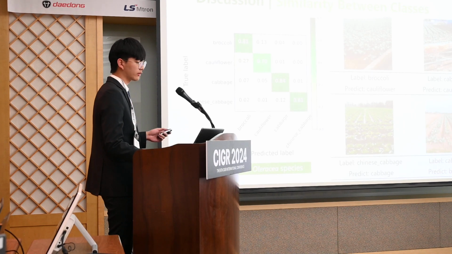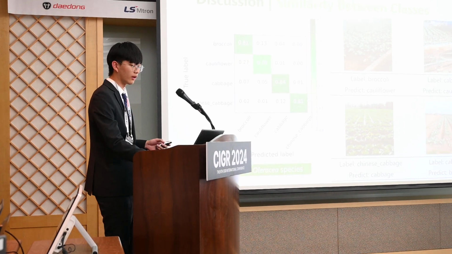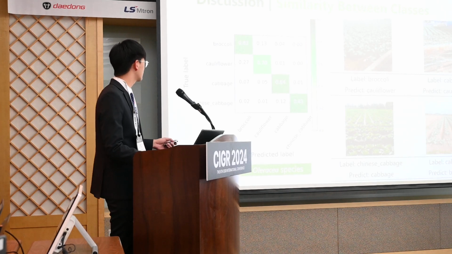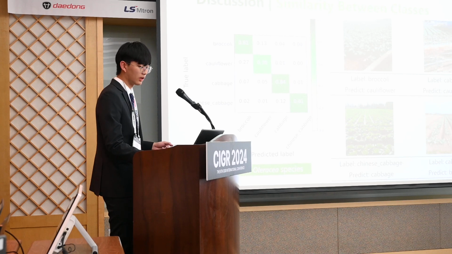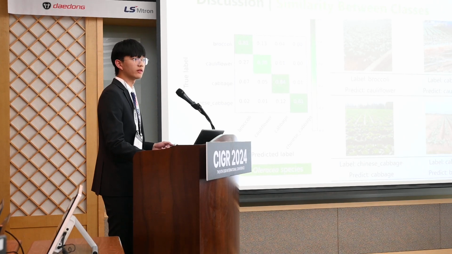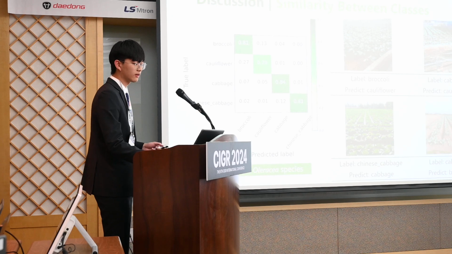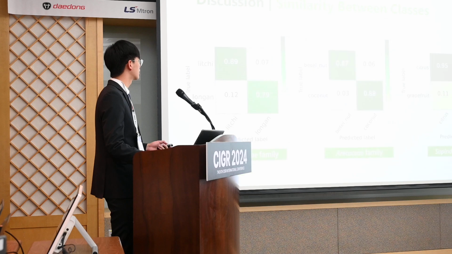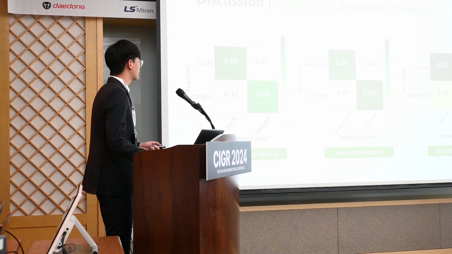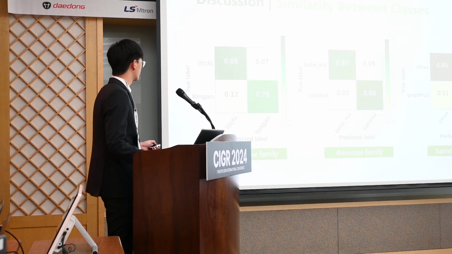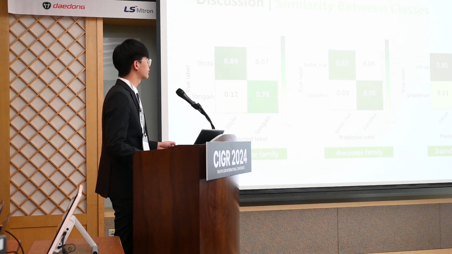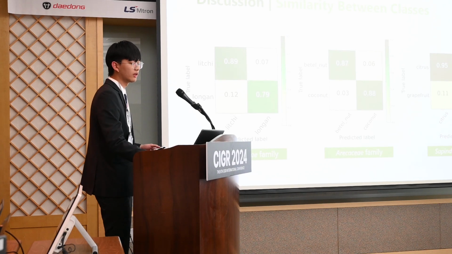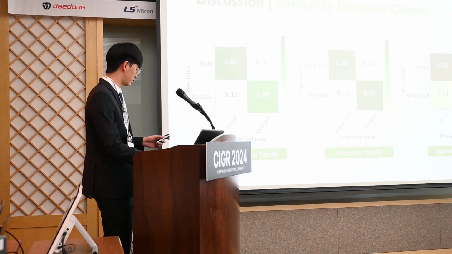From the confusion matrix on the slide, we can see that the model easily confuses these four crops: broccoli, cauliflower, cabbage, and Chinese cabbage. The reason they appear so similar is that they belong to the same species in biotaxonomy. A similar situation occurs with lychee and longan, betel nuts and coconut, and citrus and grapefruit. The reason for their misclassification is also likely that they belong to the same family or genus.